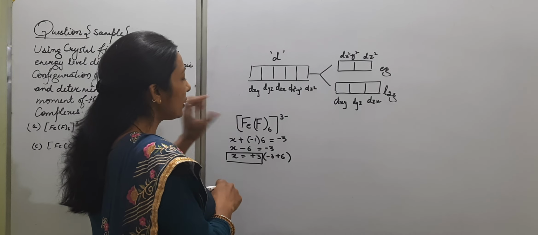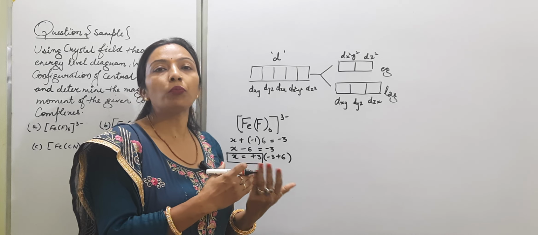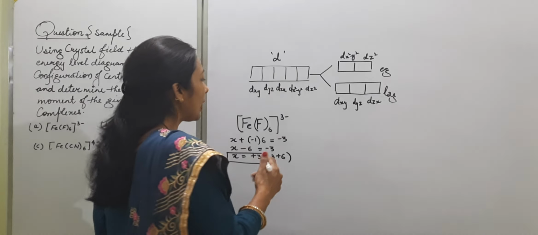So in this coordination entity, the iron is in the +3 oxidation state.